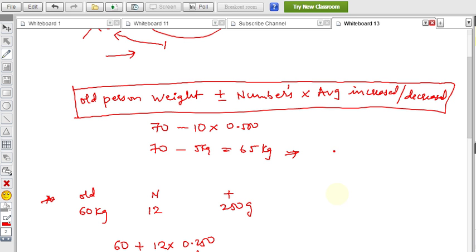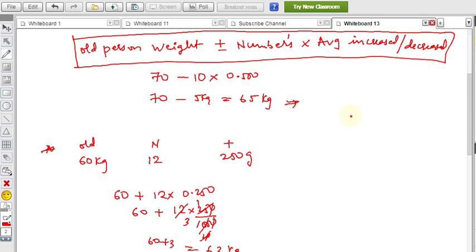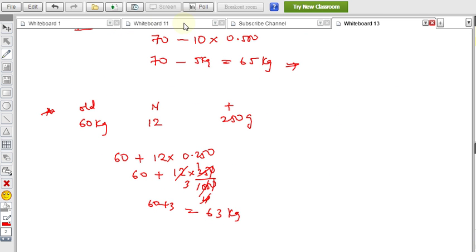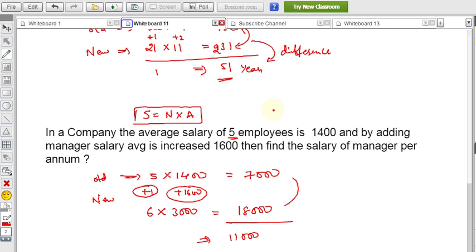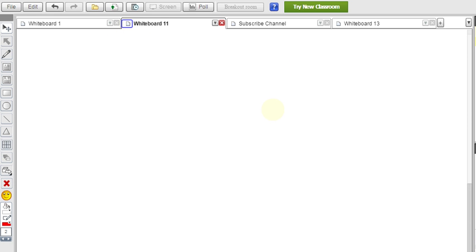And we'll see a few more sums. One question that will come in average type problems is a marks based question. Let me write. In a class, 20 students wrote an exam, and their average is 65.